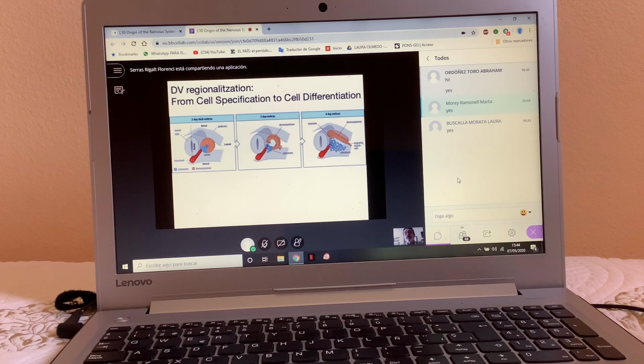I would like you to tell just brief things, a couple of things related to the differentiation of the somites. And I would like you to point to this area here. This is the neural tube, the notochord, and this is the somite. Here we have the epidermis, which is dorsal.